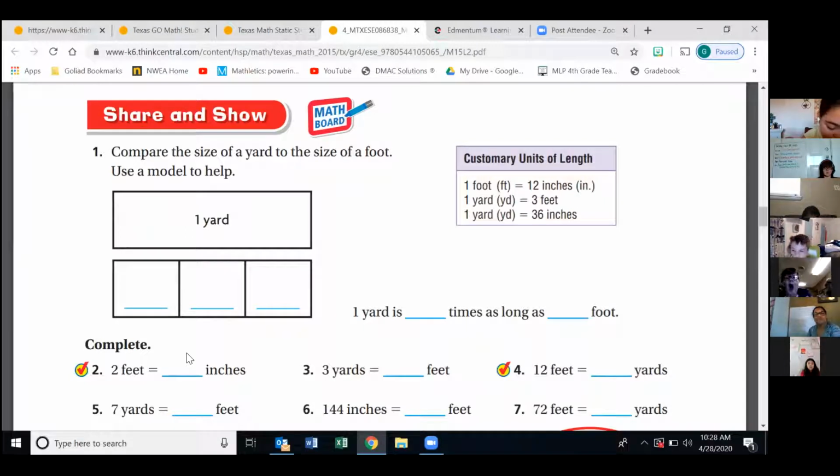You multiply. So 3 times what? 3 times 12. 3 times 12 is what? 36. Is that right?